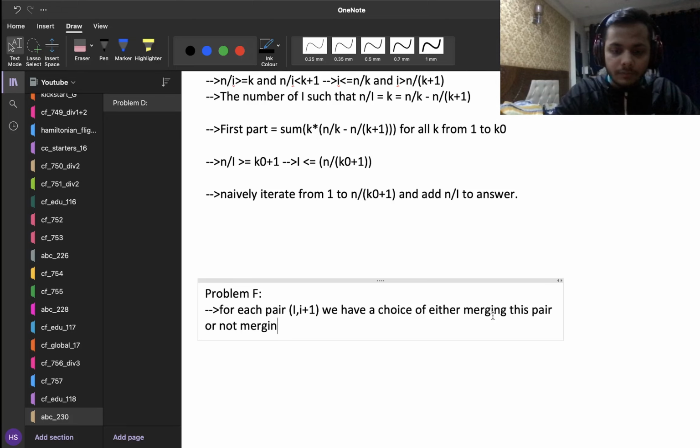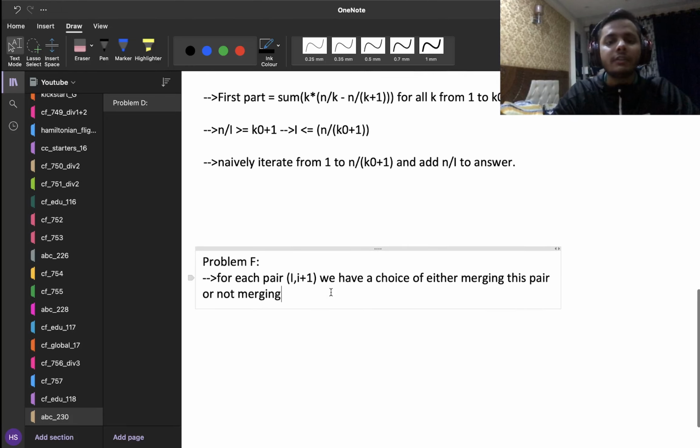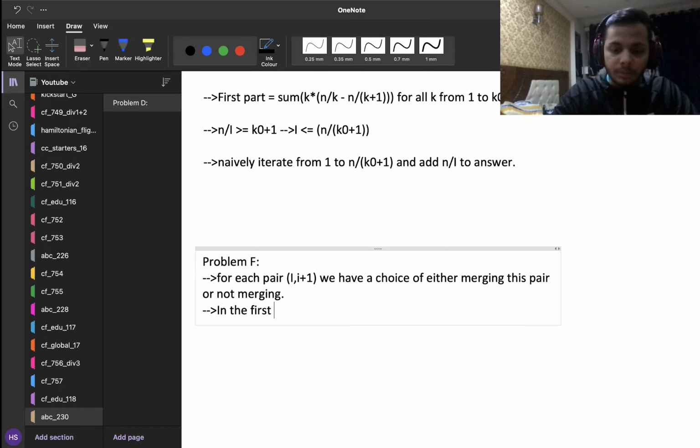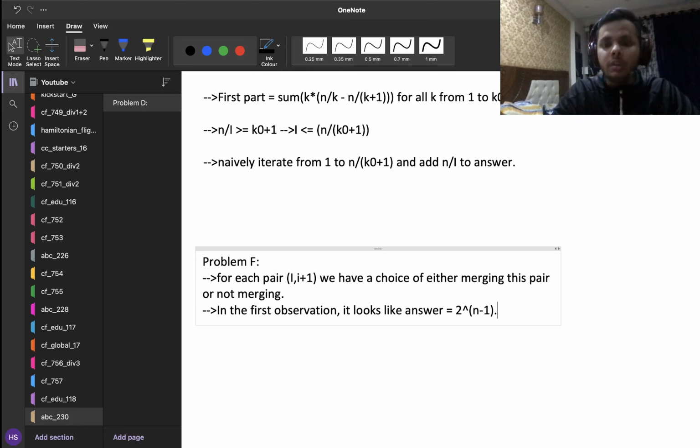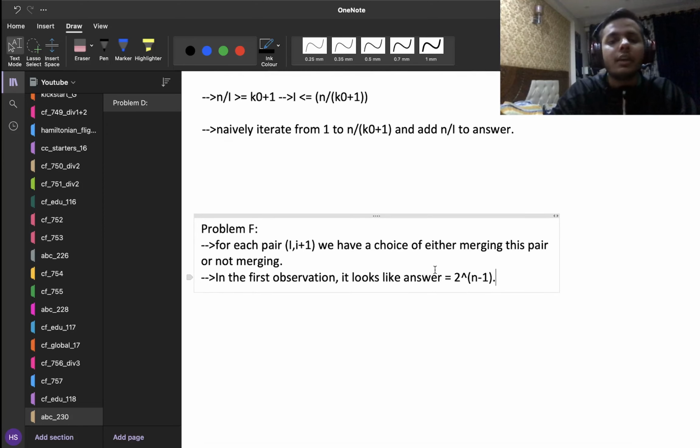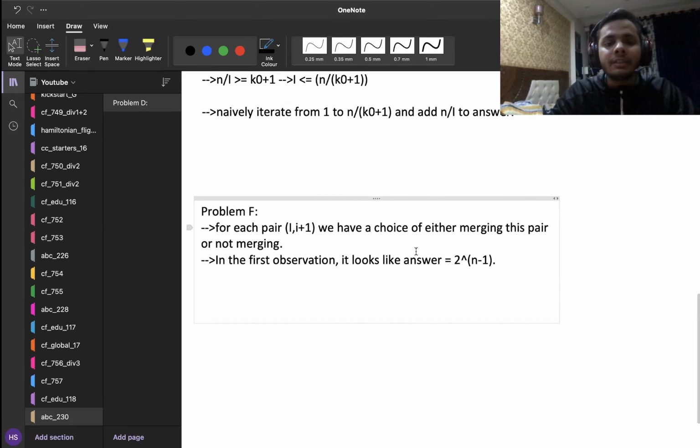The number of such pairs is obviously n minus 1 because i can go from 1 to n minus 1. So at first look, the answer is nothing but 2 raised to the power n minus 1, because for any pair i, i plus 1 we will either merge it or not merge it, and there are n minus 1 such pairs.